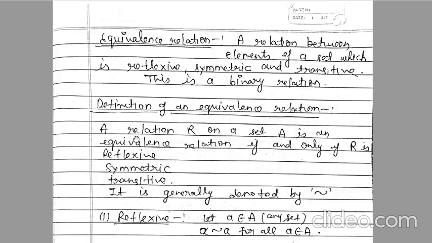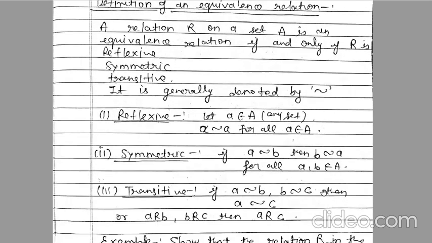So the definition: a relation is denoted by capital R. A relation R on a set A is an equivalence relation if and only if R is reflexive, symmetric, and transitive. It is generally denoted by this sign, the equivalent sign, called the equivalence relation sign.